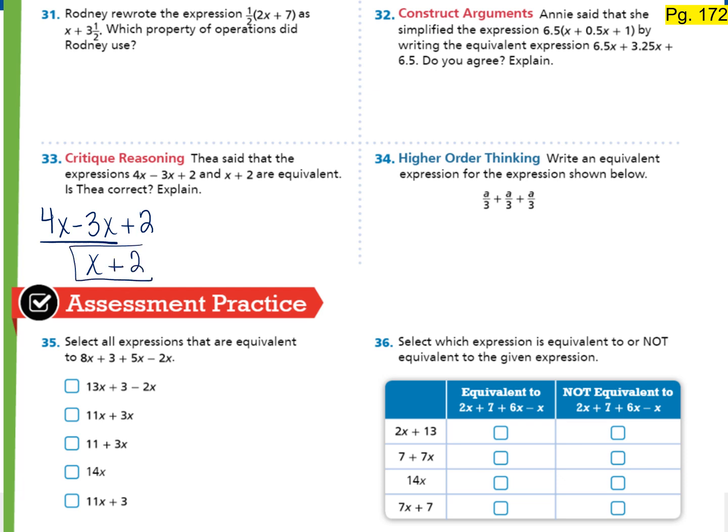Remember, you can't add these together because 2 does not have an x. So Thea wants to know, is this and x plus 2 equivalent? She is correct. When combining like terms, you end up with x plus 2.